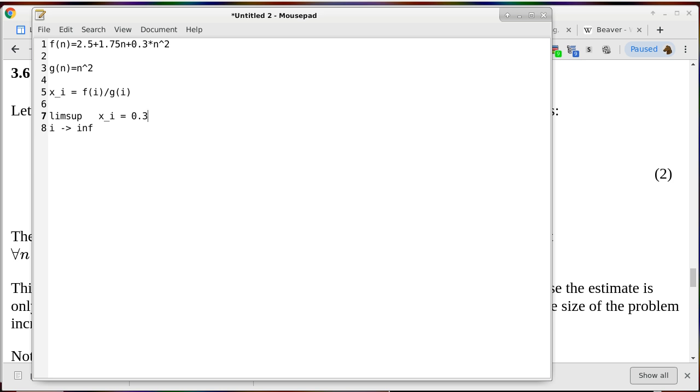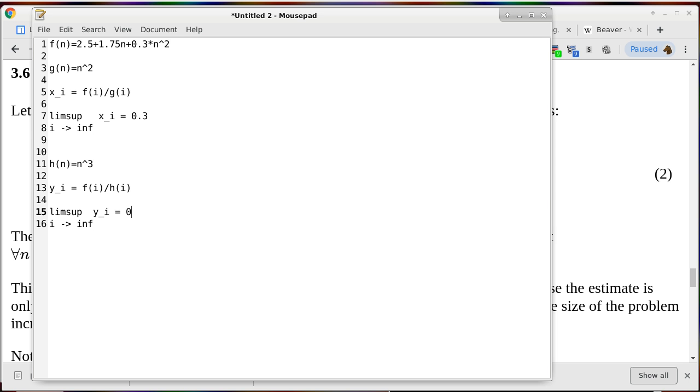So in this case, I'm going to use h(n) here. If h(n) is n to the power of 3, then when you take that limit superior, I cannot use x anymore because the ratio needs a new name. So y subscript i is now f(i) divided by h(i). When you look at the limit superior of y, it will become 0.